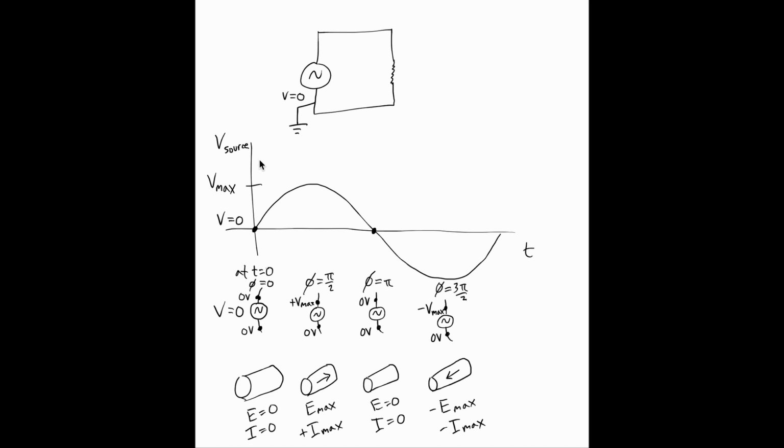So if we were to draw the entire circuit, what we would see is no current in this position, we'll get a positive current at pi over 2.